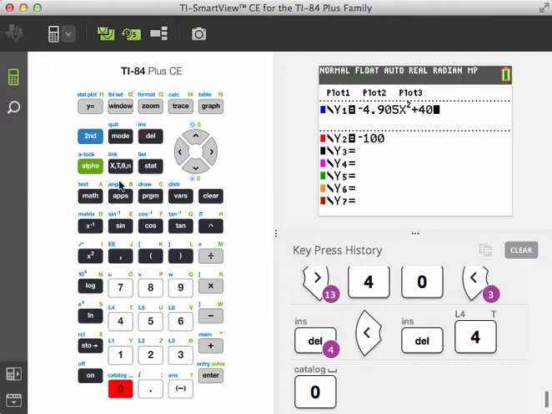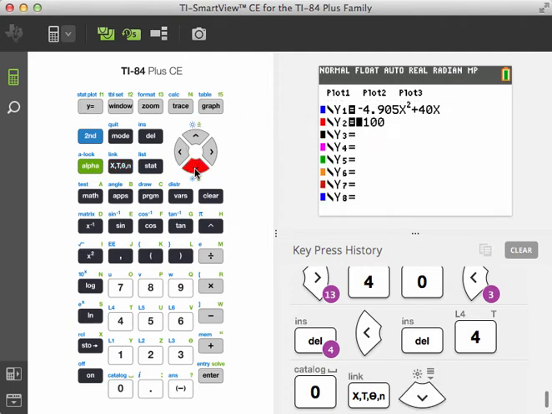And we don't want the y2 to be negative 100. We want it to return to the ground, which is just 0.